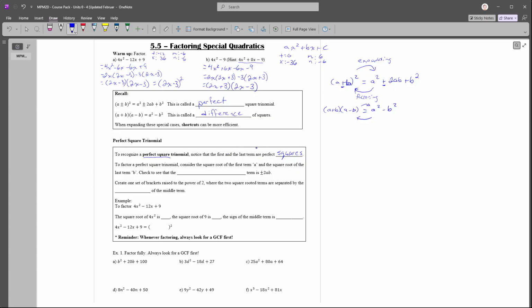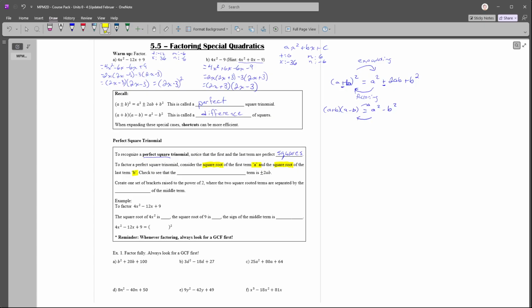All right, now the next piece. To factor a perfect square trinomial, we have to consider the square root of the first term, which is a, and the square root of the last term, which is b. Let's do a little bit of highlighting here. So we're trying to get the square root of the first term, a, and the square root of the second term, b.